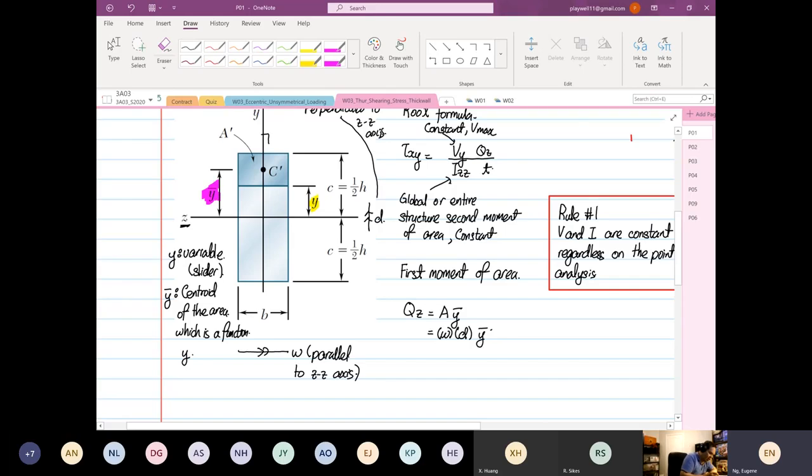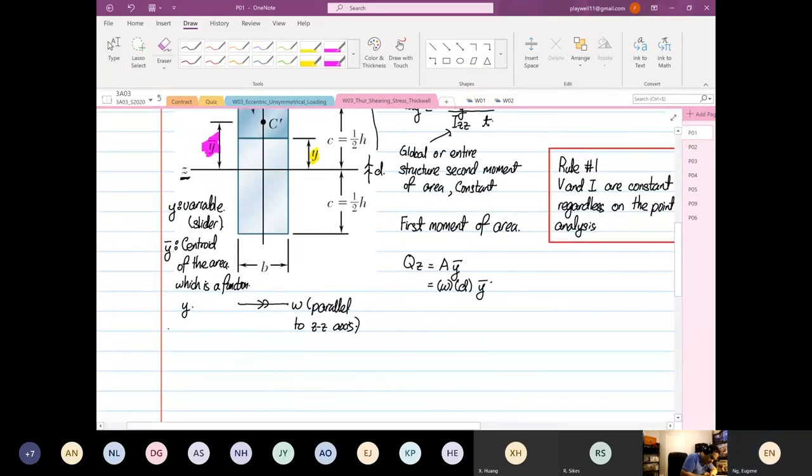So A prime is our defined area. And y max for this case, as shown in the figure, can be equal to c or can be equal to h over 2. And b for this case is the thickness.